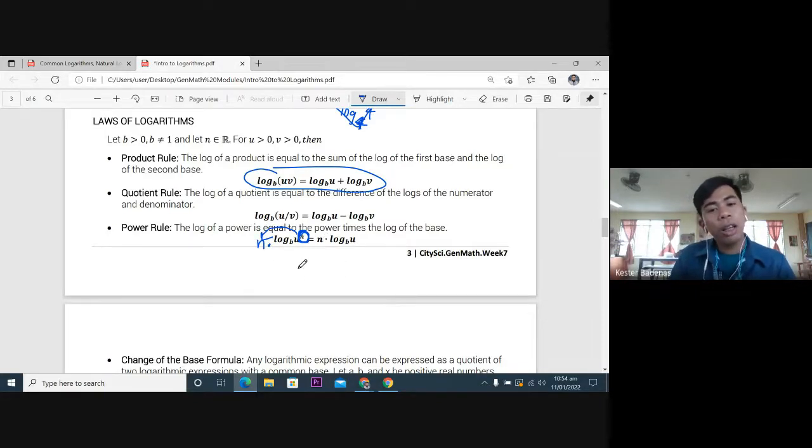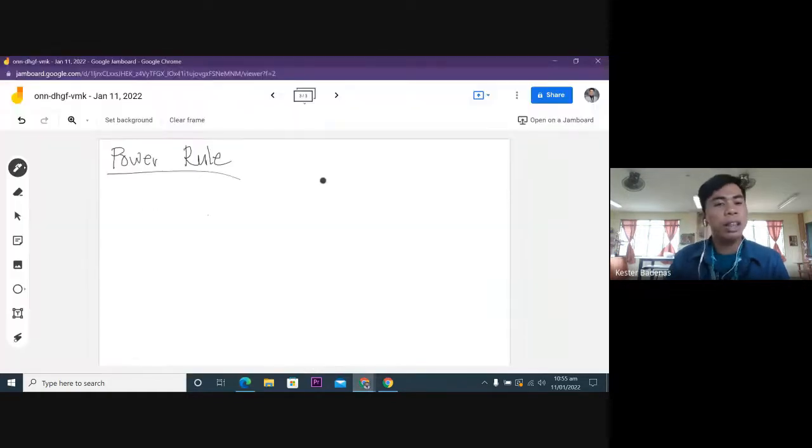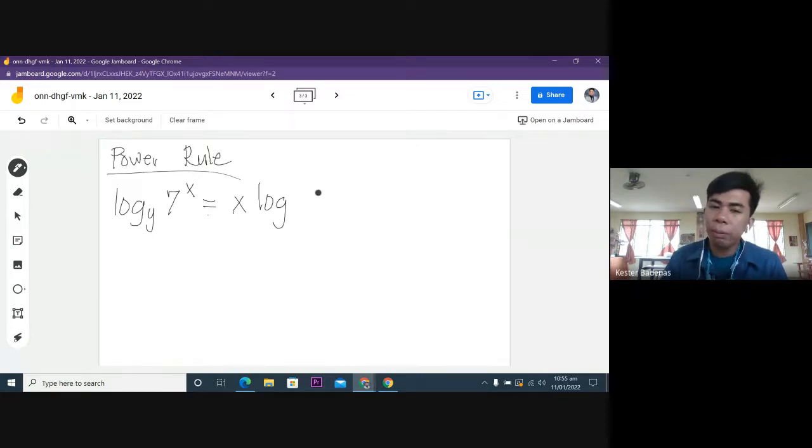So if we have logarithm of u raised to n with the base b, magiging n times logarithm of u with the base b na lang siya. Okay? That is, if we have logarithm of, let's say, 7 raised to x with a base y, magiging x times logarithm of 7 with a base y siya.